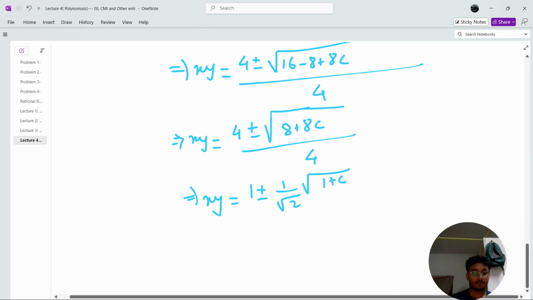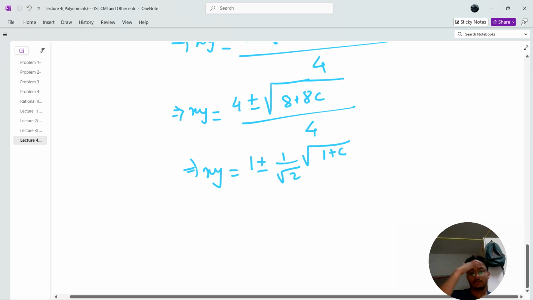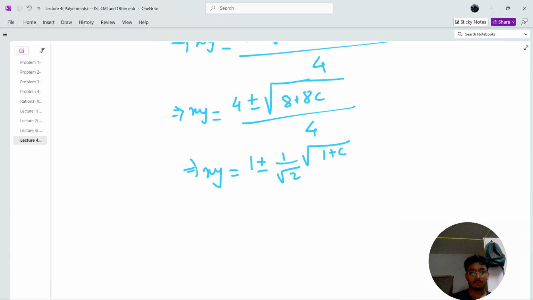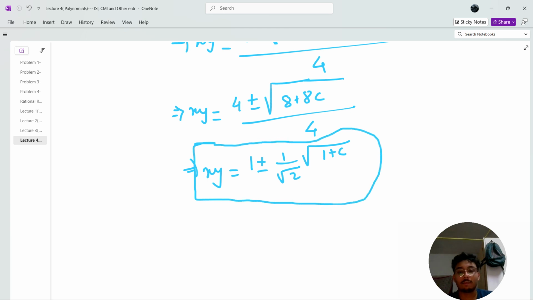Cool. Done up till here. So my xy becomes 1 plus minus 1 by root 2 into root of 1 plus c.